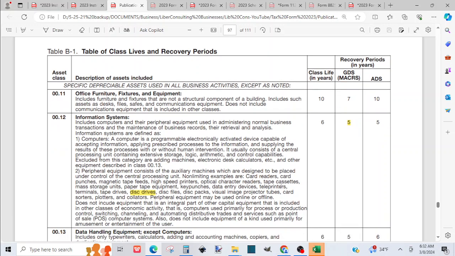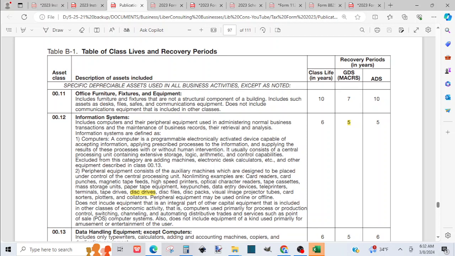If you read it, I'm kind of inclined to say that a USB to plug into a computer, like external memory, can be included in those disk drive, disk file, and so forth. Therefore, I'm going to assume it is in table B1.